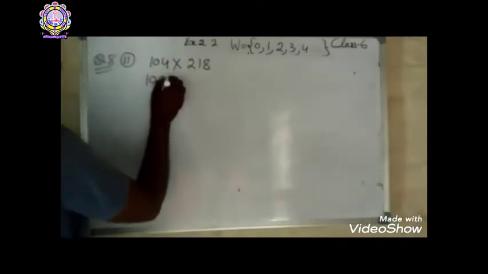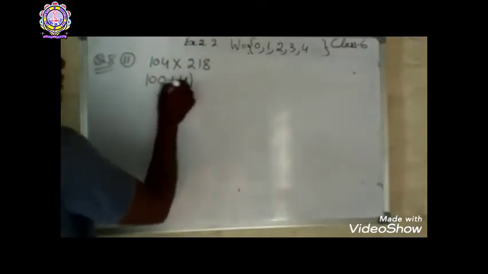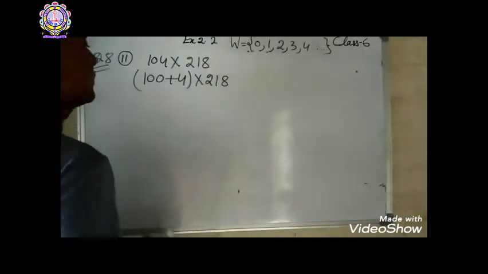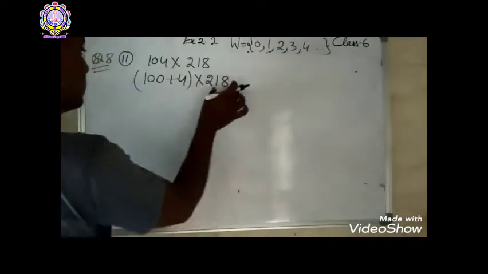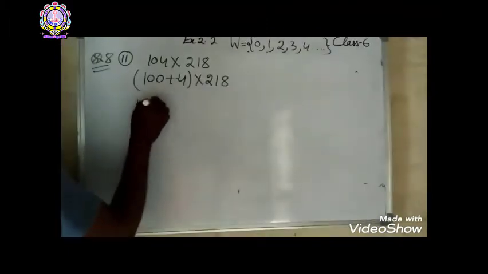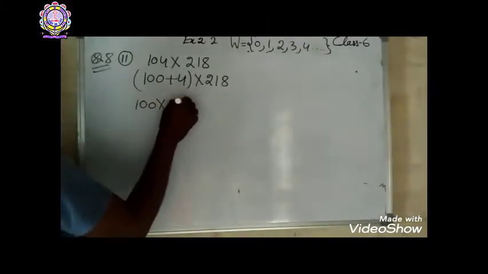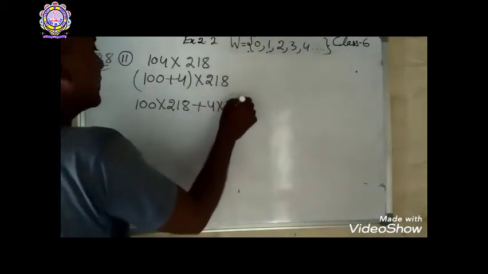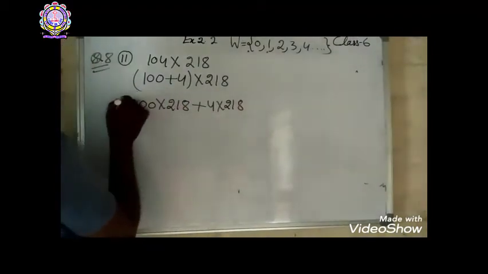We write 100 plus 4 multiply 218. So now 100 into 218 plus 4 into 218, and multiply it.